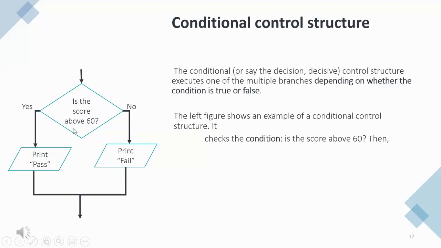Then, if yes or true, it executes print pass. Then it executes the next available instruction. If no or false, it executes print fail. Then it executes the next available instruction.